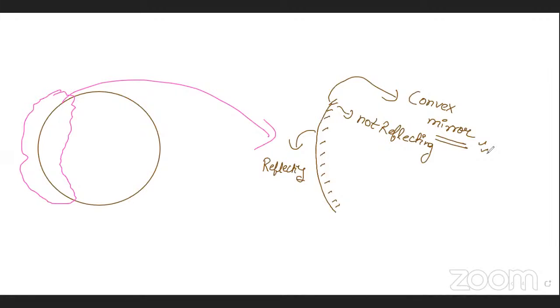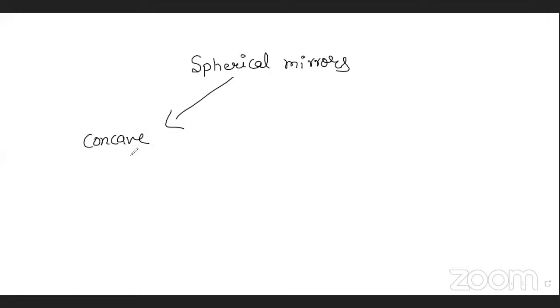Is it right or wrong? It's right, I'm asking from your perspective. Did you understand this? So now we can conclude that there are spherical mirrors, and basically two types of spherical mirrors: concave mirror and convex mirror.